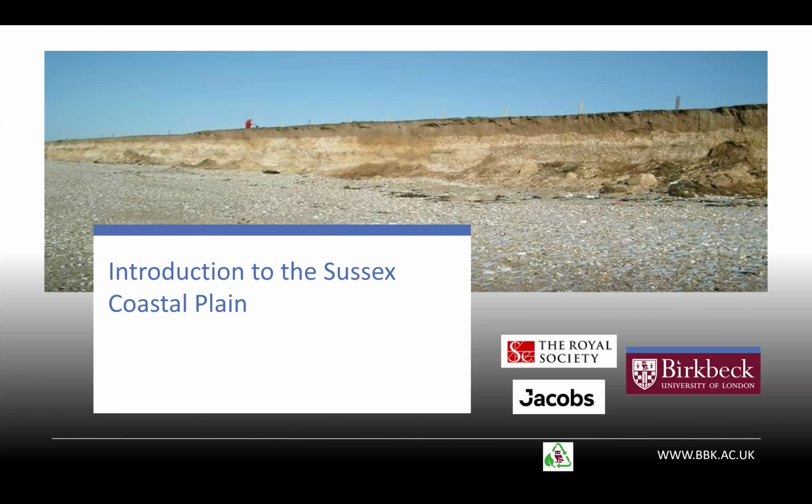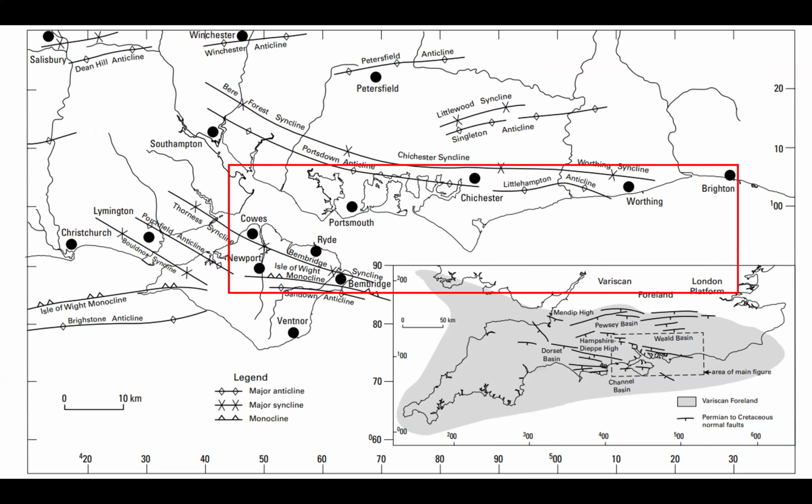Okay, so just start off with a bit of an introduction to the Sussex coastal plain so that our data makes sense when I get to it. So this is the unbelievably complicated structural setting. I'm not a structural geologist, so I'm not going to tell you about it in detail.